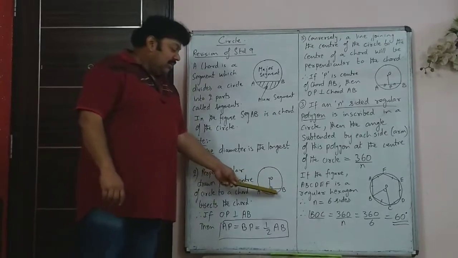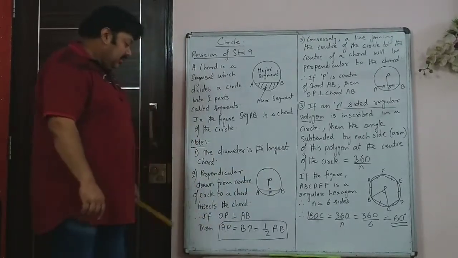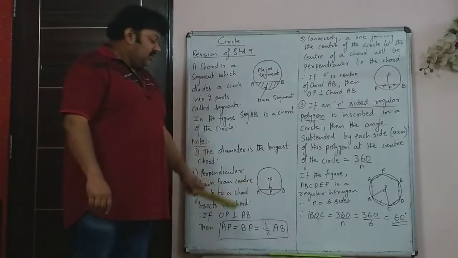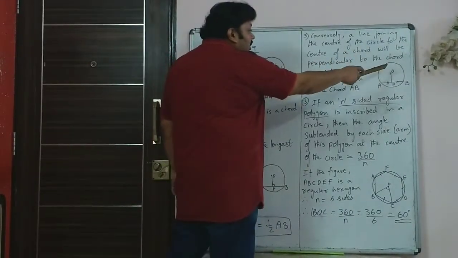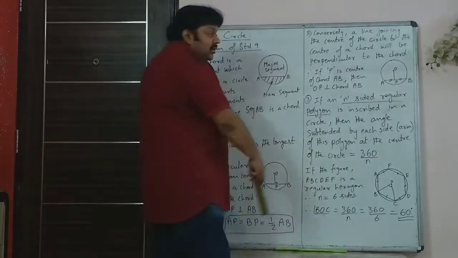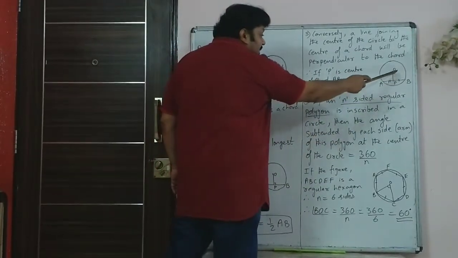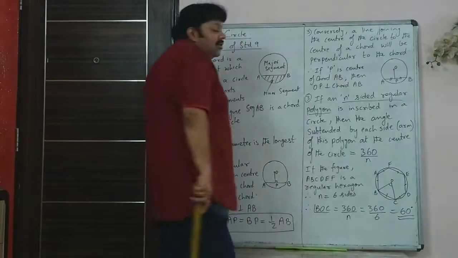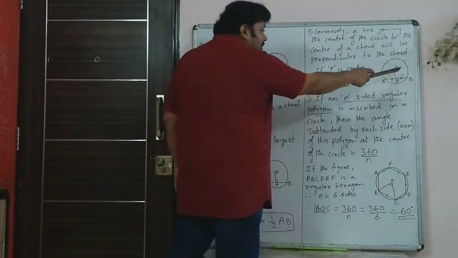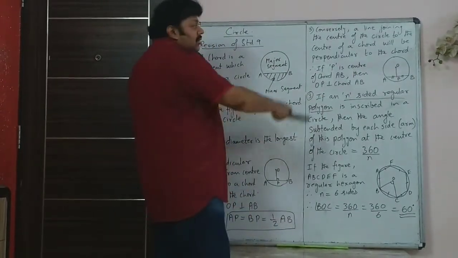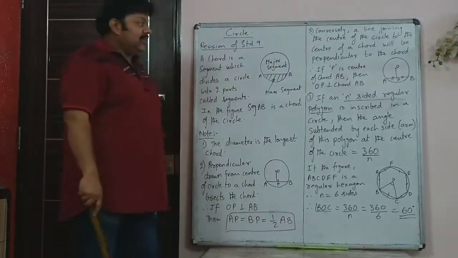So that would be the meaning of this statement. Then conversely, if the reverse, now you don't have that it is perpendicular, you have that P is midpoint of AB. If P is midpoint of AB, then OP will be perpendicular to AB. That is by converse of this property.